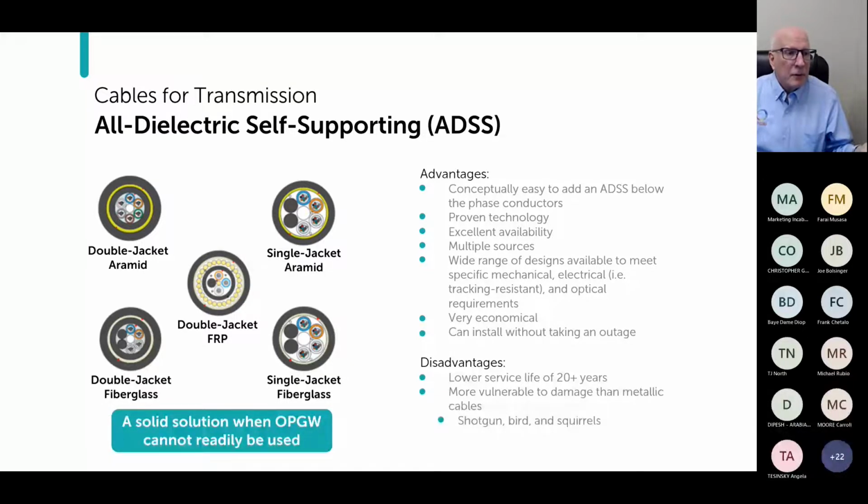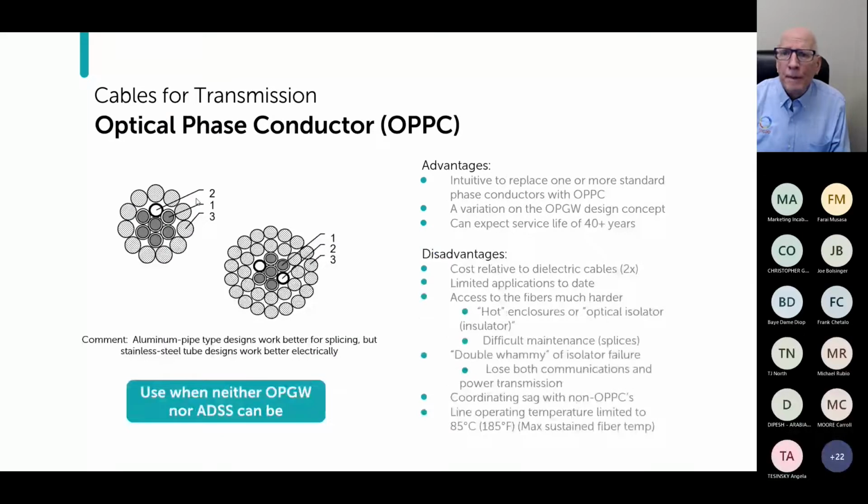So that's another practical problem and something that makes using OPGW on those lines more difficult. So ADSS was actually used as a solution at some utilities in the western part of the United States for that very reason. So in any event, again, a solid solution when you can't use OPGW.